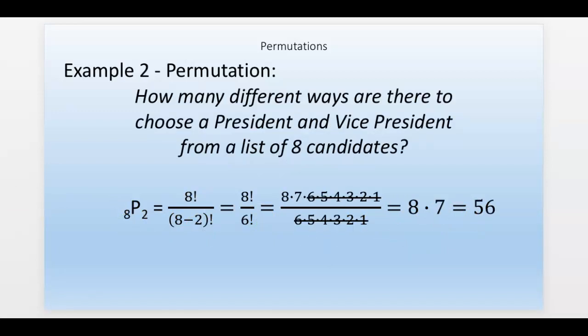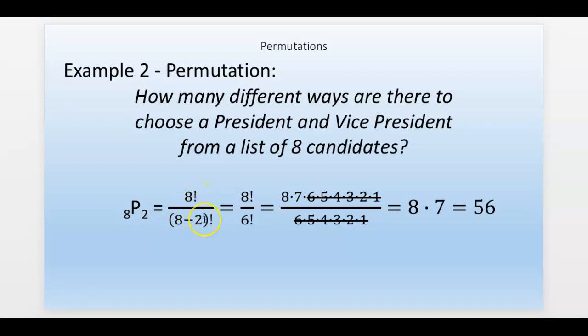Another example. How many different ways are there to choose a president and a vice president from a list of 8 candidates? That's from 8, arrange 2, because one has to be the president and one has to be the vice president. So the top is 8 factorial.